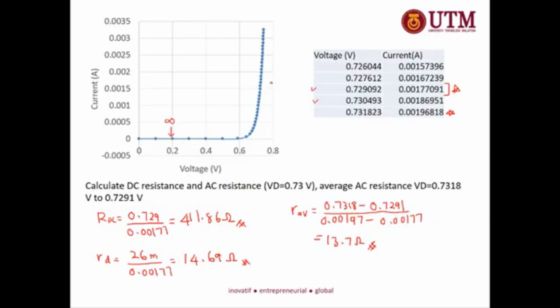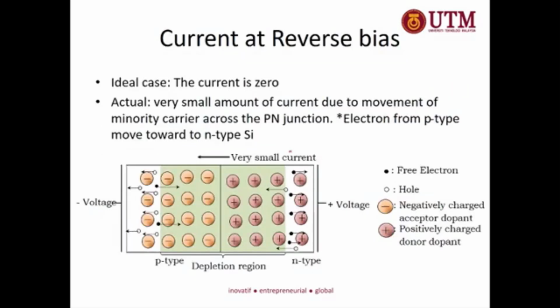But when the point is here, the R average is almost equal to 0. So the AC resistance indicates whether the diode is on or off.